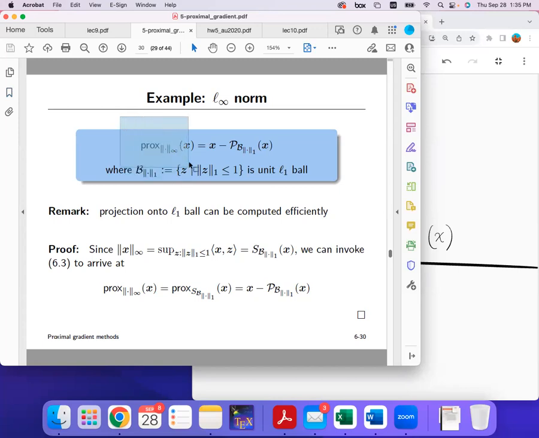Okay. So this proximal operator is related to X minus the projection onto the L1 norm ball. Right? So if you want to introduce the L infinity norm as the regularizer and apply proximal gradient descent, you will need to compute this proximal operator.